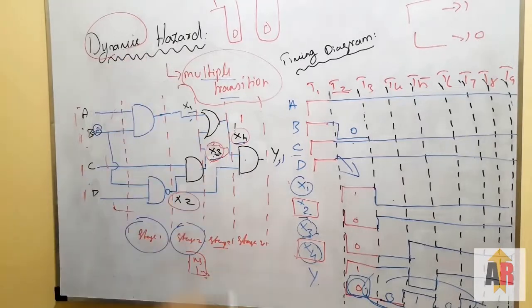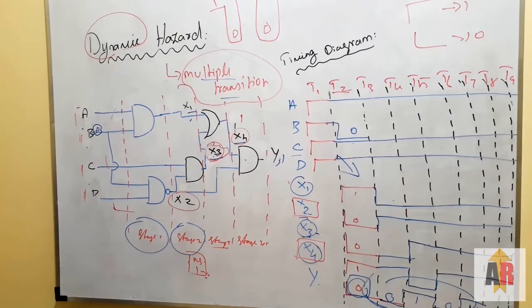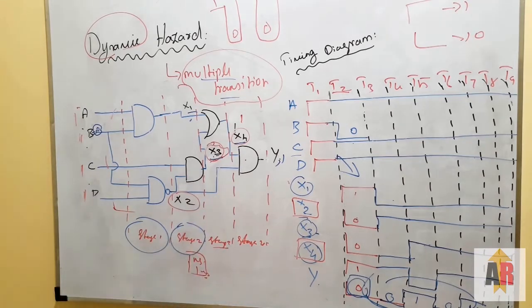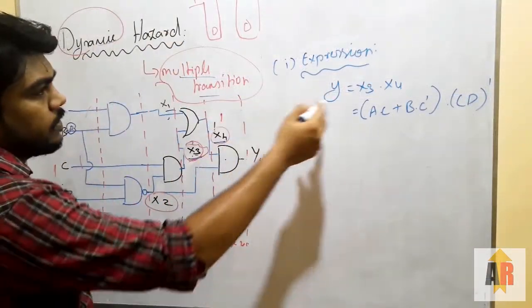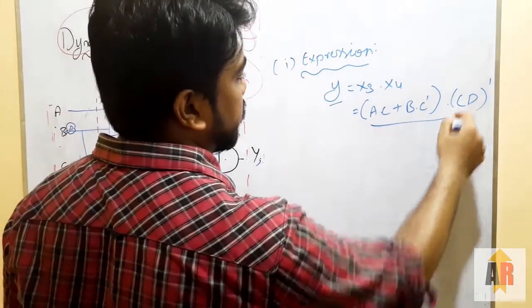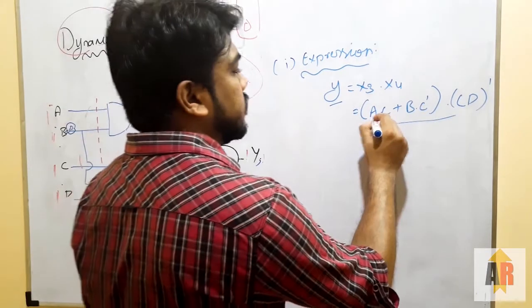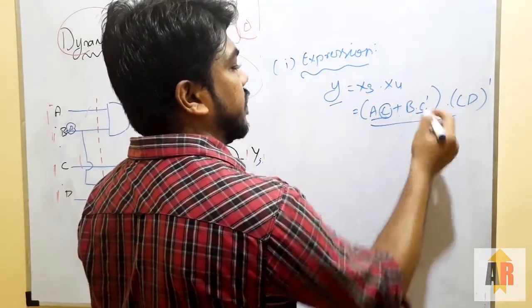So in a dynamic hazard, this kind of multiple transition occurs. It is important to eradicate that, so we can see next how to eradicate it. On solving for x3 and x4 with respect to y, you will get an equation like this. So please try to recall once again AC plus B into C dash, so C plus C dash.